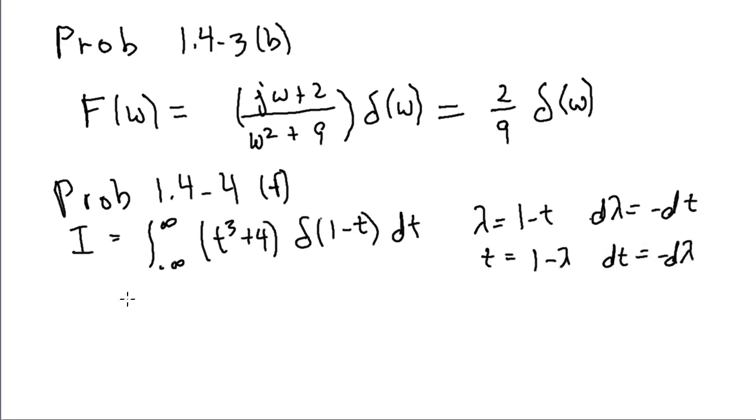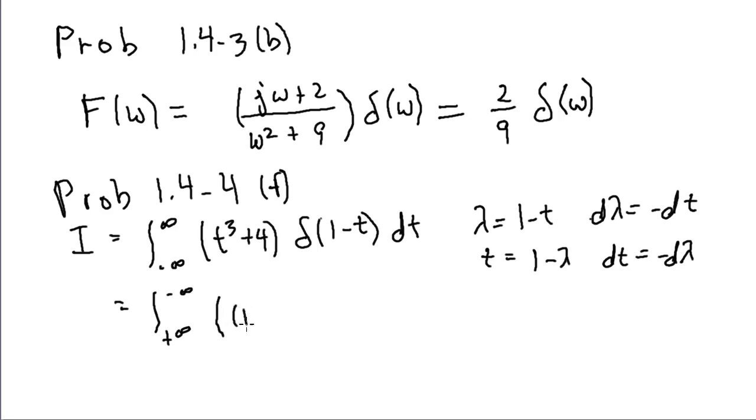So this reduces to, I'm going to change the limits on my integration. When t is minus infinity, lambda will actually be plus infinity. Similarly, when t is equal to plus infinity, lambda will actually be minus infinity. Make a substitution in here for t cubed.